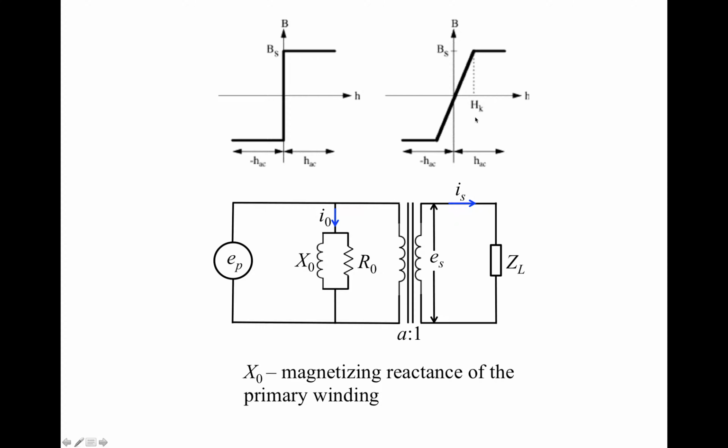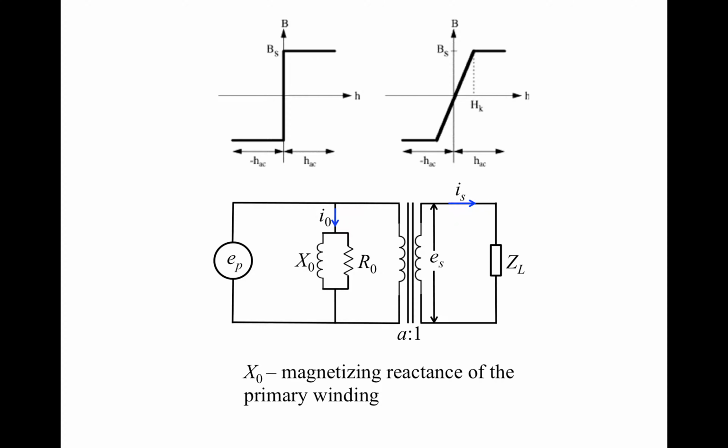A finite H means finite current I, because H is proportional to current I. So it takes a finite amount of current in order to set up the flux inside the transformer core.